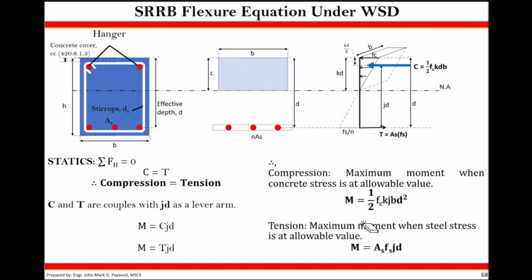So these two can now be used to simply compute the moment capacity, or you can do backtracking of your concrete stress and your steel stress, fc and fs consequently. So this would be the SRRB Flexure Equation under WSD.